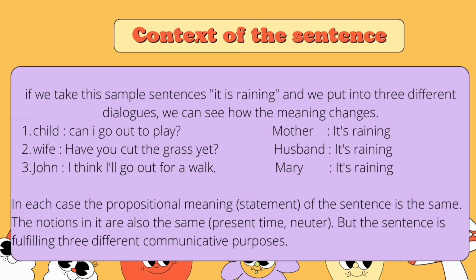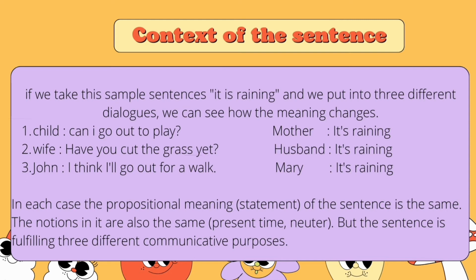Mary: It's raining. In each case, the propositional meaning, the statement of the sentence, is the same. The notions in it are also the same, present time, neuter, but the sentence is fulfilling three different communicative purposes. In the first dialogue, the child is asking permission to go out.